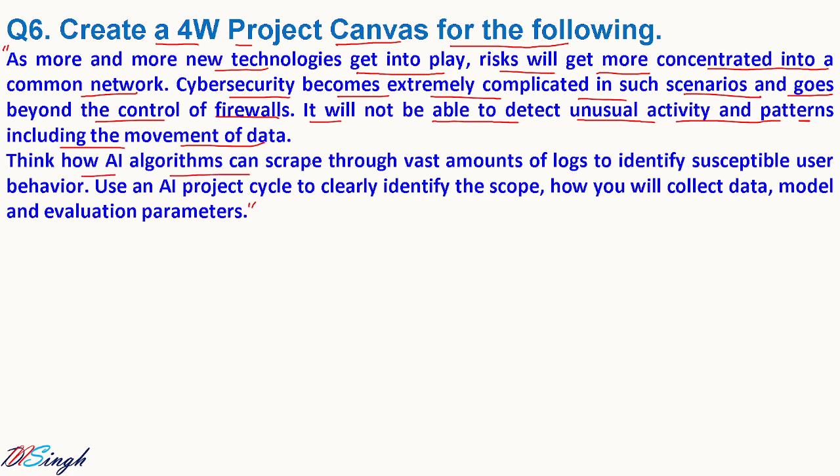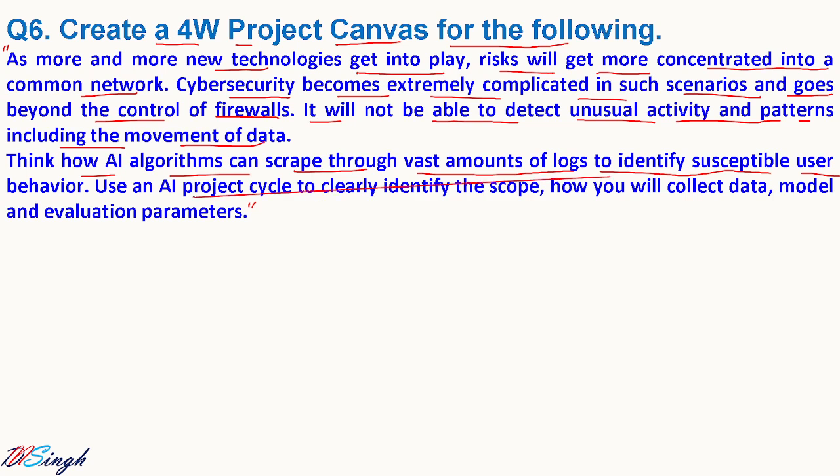Think how an AI algorithm can scrape, meaning go through different websites, vast amounts of data and logs to identify susceptible users' behavior. So what is the job of AI?